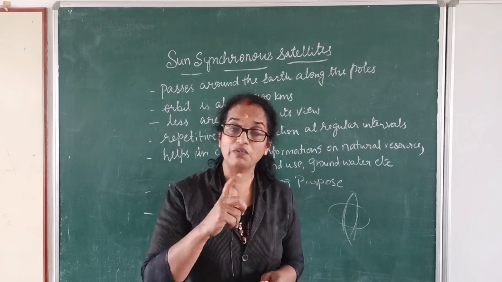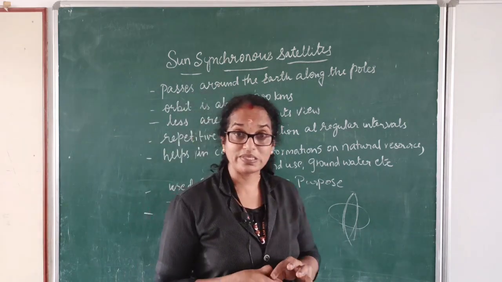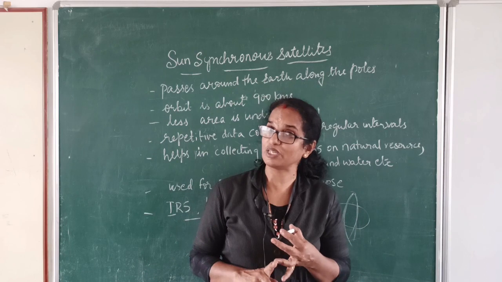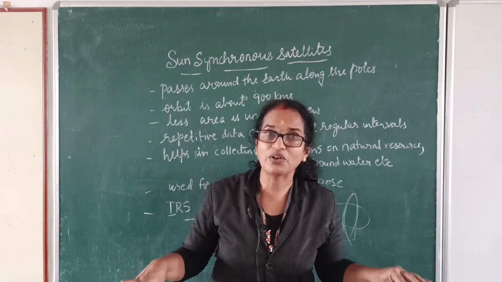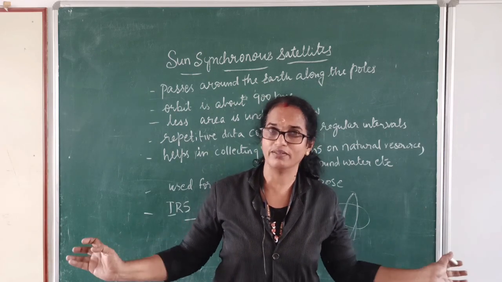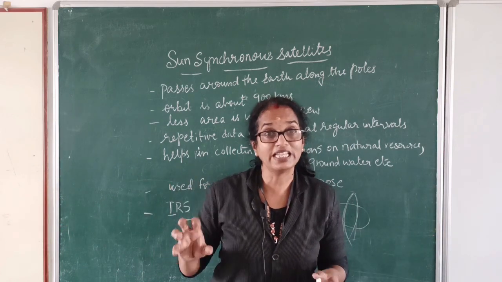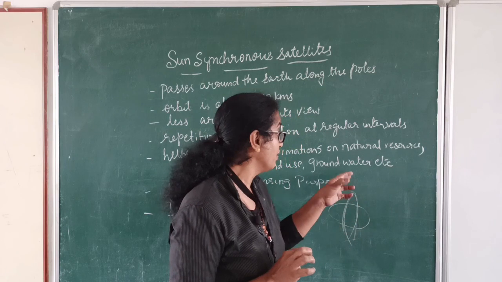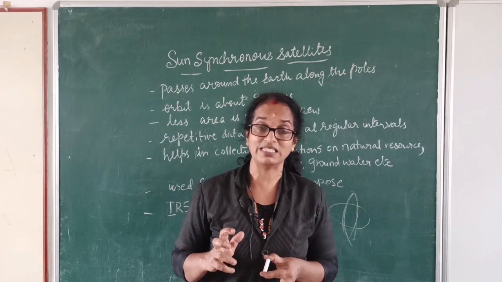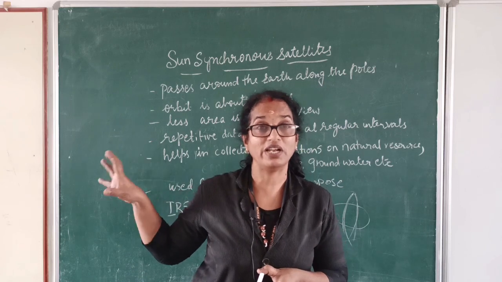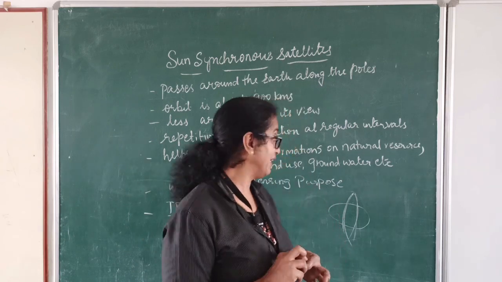Land use, how the land is used, whether it is lying barren somewhere, unused. We can get data about this. Groundwater availability, where all water is available, can also be found.